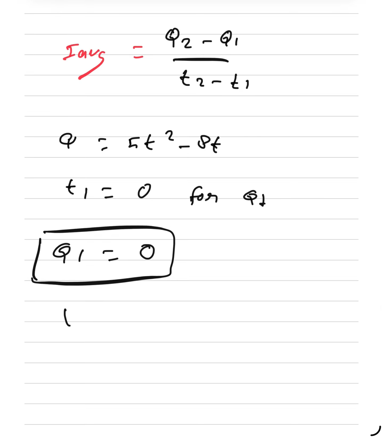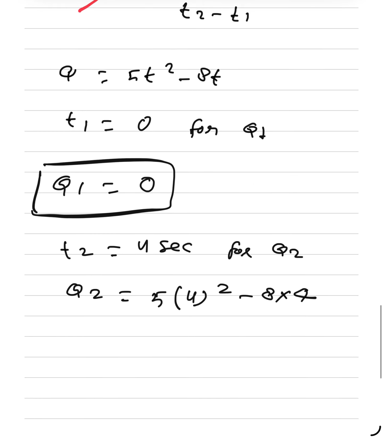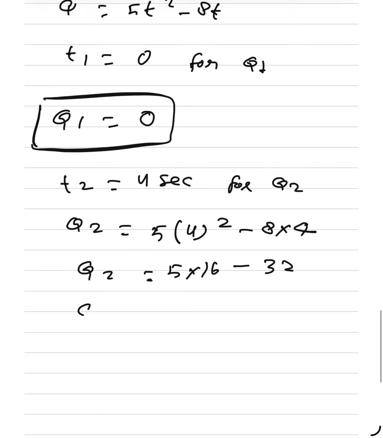And for Q2, T2 equal to 4 seconds, so Q2 equal to 5 multiply 4 square minus 8 multiply 4, right, and Q2 equal to 5 multiply 16 minus 32, and Q2 equal to 80 minus 32.